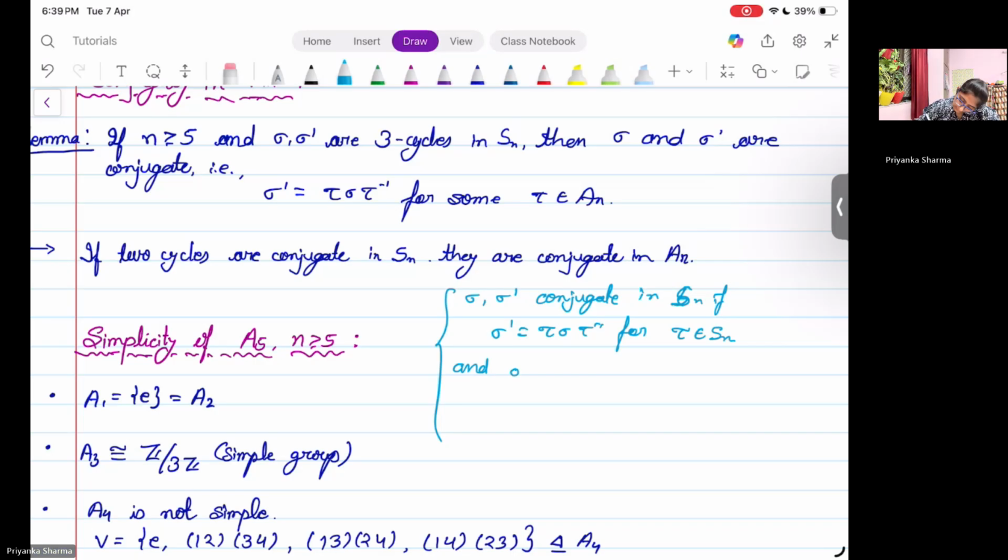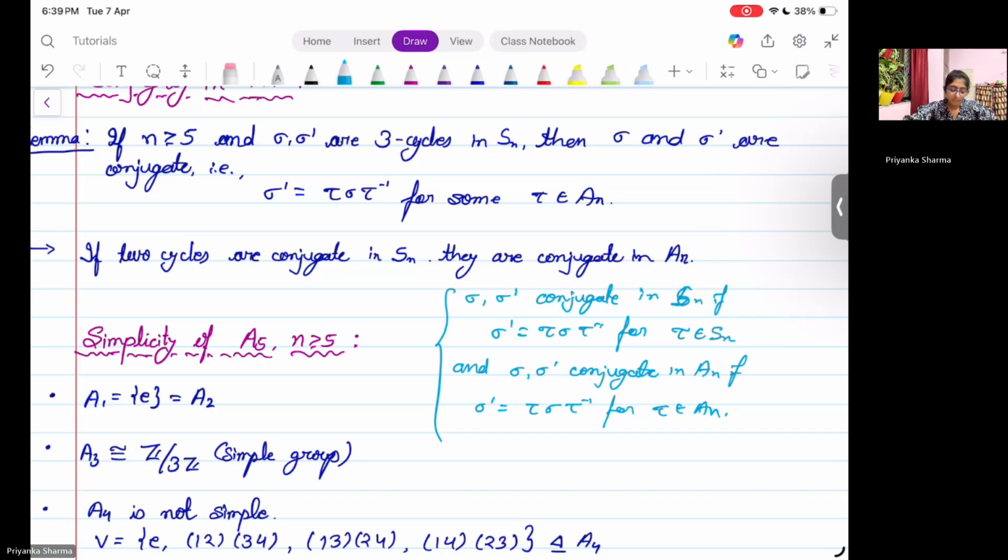And sigma and sigma dash are said to be conjugate, or they share the conjugacy class, in An if sigma dash is tau sigma tau inverse for tau belonging to An this time.